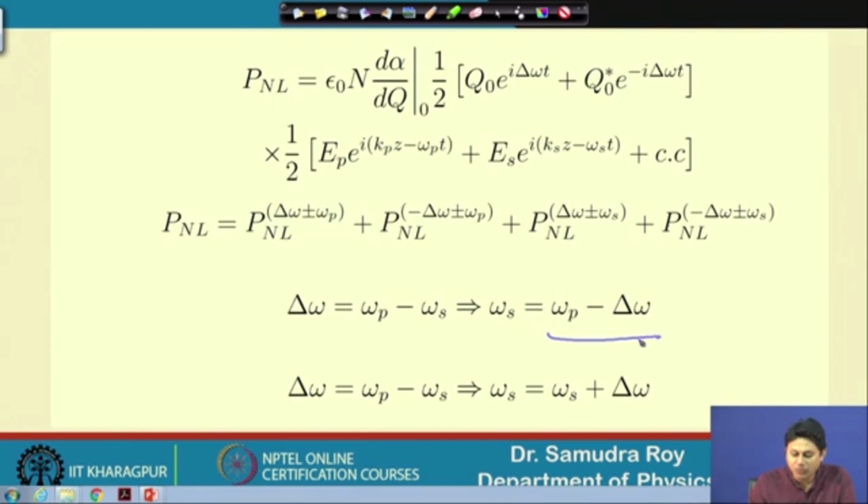When we have omega p minus delta omega, you can see this frequency is sitting somewhere here, omega p minus delta omega. So, P NL at omega p minus delta omega is sitting here. So, I can write that this term will contain one frequency omega s.